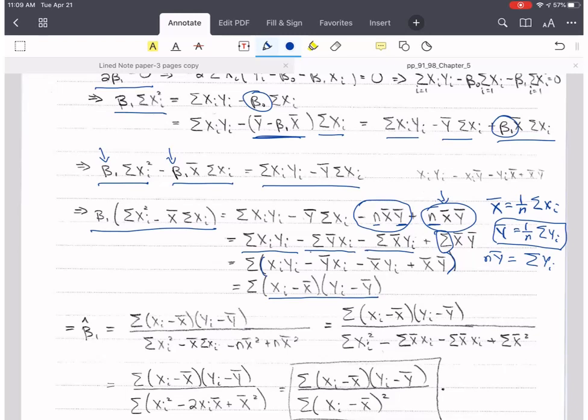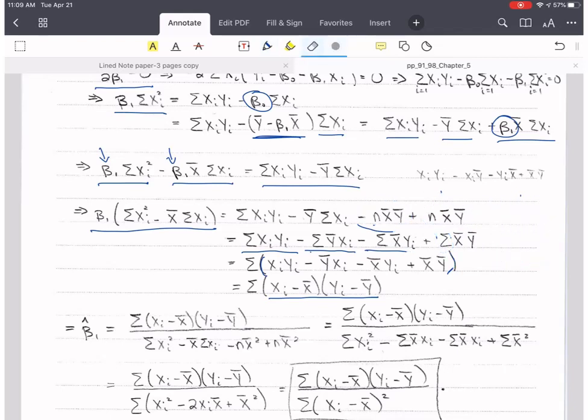So I've now factored this by using my trick of adding and subtracting the same value. I have now made this a sum of a product: xi minus x bar, yi minus y bar. Okay. Now I divide both sides by this term here.